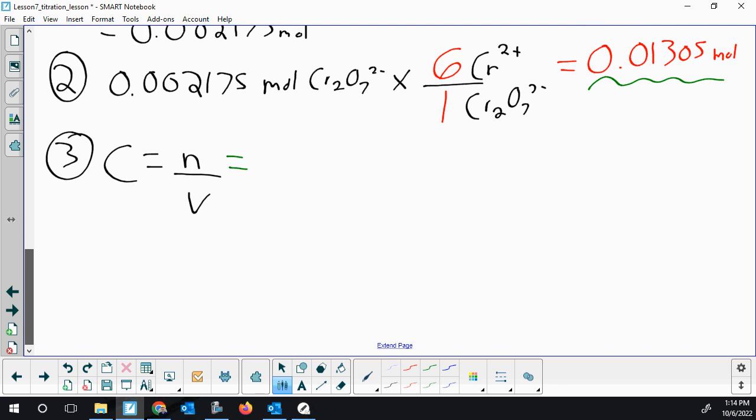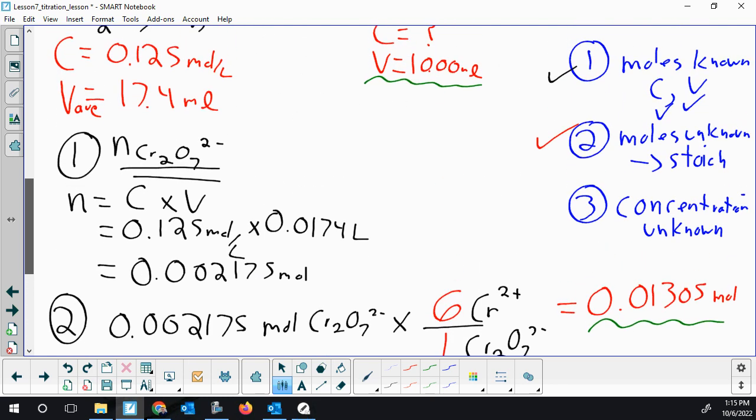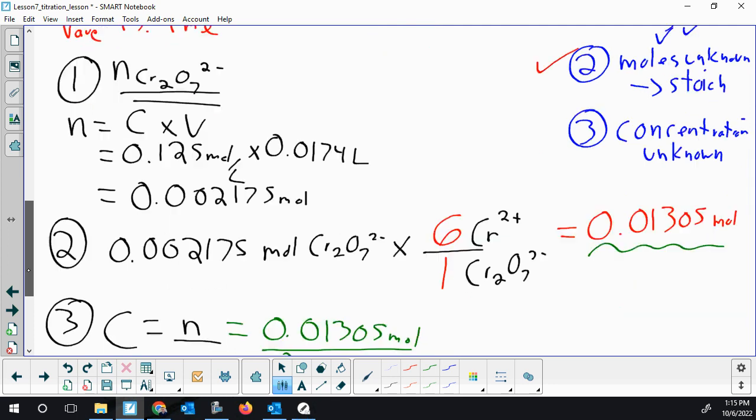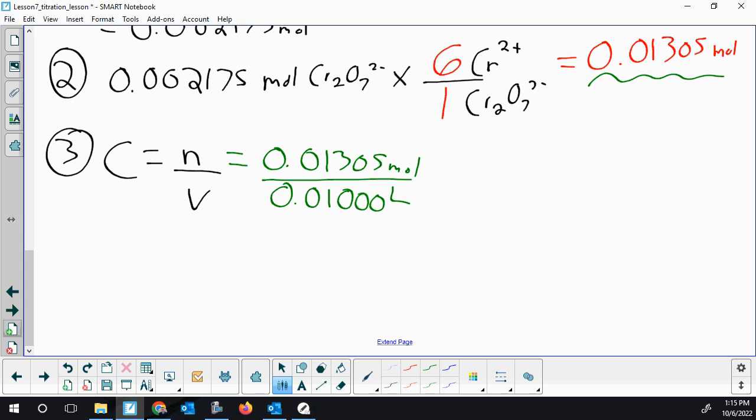So the moles. The volume was 10 milliliters, but we need it in liters, divide by 1,000. We've got these 3 zeros after the 1. A pipette has 10.00. There's 4 sig figs. That's why the pipettes are really expensive, that precision to 2 decimal places. So I've kept those trailing 3 zeros.